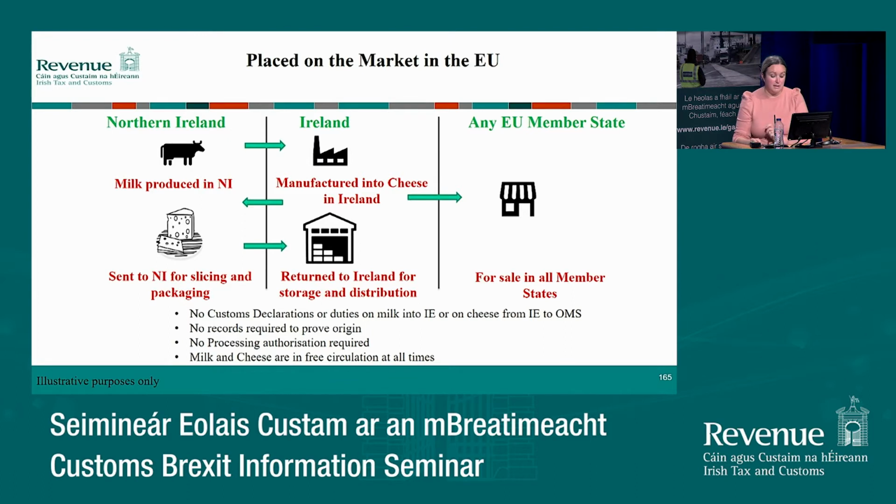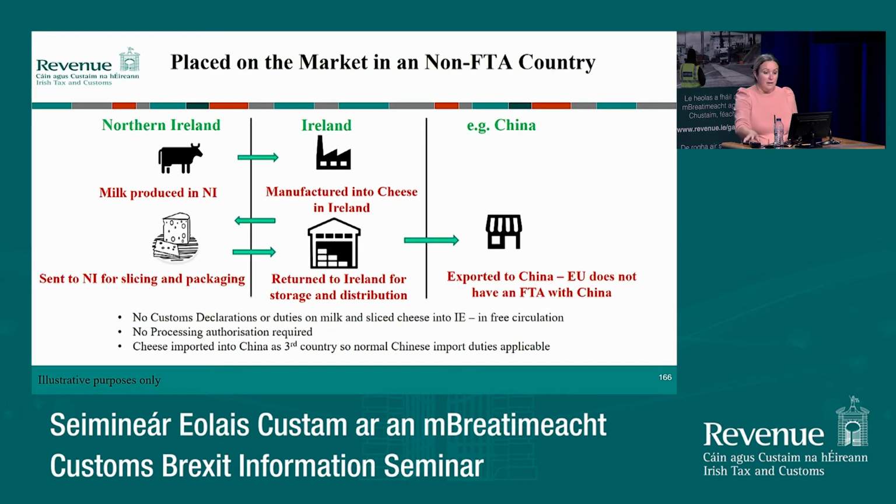There's no customs formalities, no declarations, no duties, no authorisations required. And if you're selling that product to another EU member state, then nothing changes from how you're doing things at the moment. As with the previous example, if you go through the exact same thing but you're selling to an FTA or to a non-FTA country, so again we've used China, you shouldn't be impacted because there's no preferential rates to be claimed.